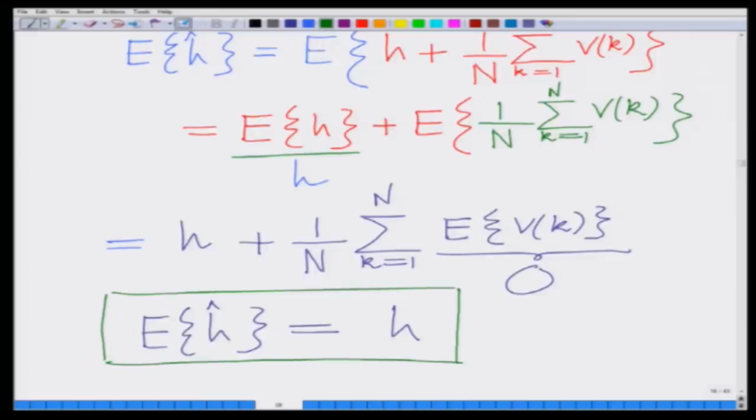Even though your estimate h hat is random in nature, that is h hat is not necessarily always equal to h, it exhibits a very important property, that on an average, the expected value of h hat is basically equal to the true parameter h.